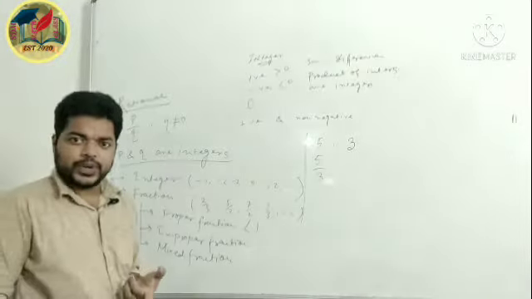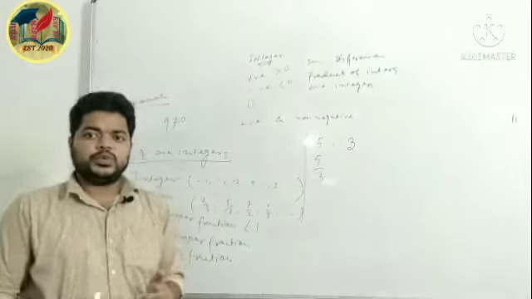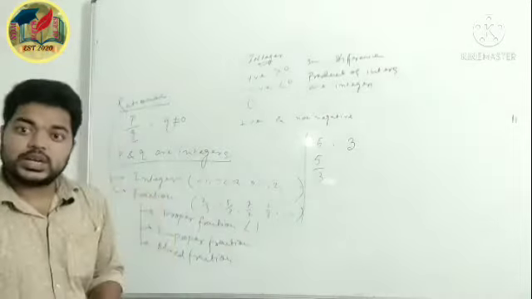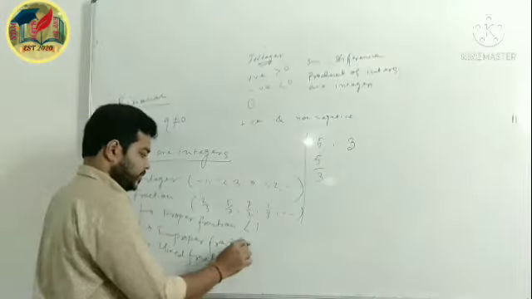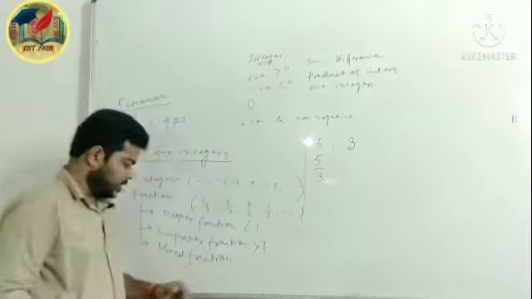It's called a proper fraction. And what is an improper fraction? In an improper fraction, the numerator is greater than the denominator, and the value of this fraction is greater than 1.